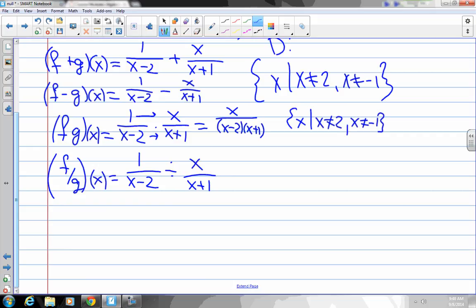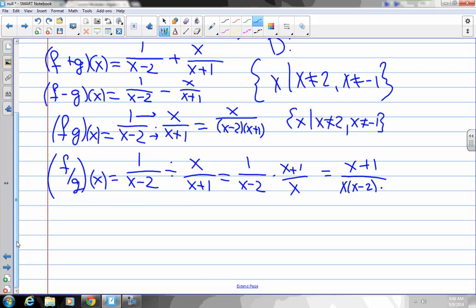Yeah, multiply by the reciprocals, right? You have to flip the second one, so that becomes 1 over x minus 2 times x plus 1 over x. Right? Division is multiplication by the reciprocal, and then you can multiply across. So let's just leave our answer like this for now.